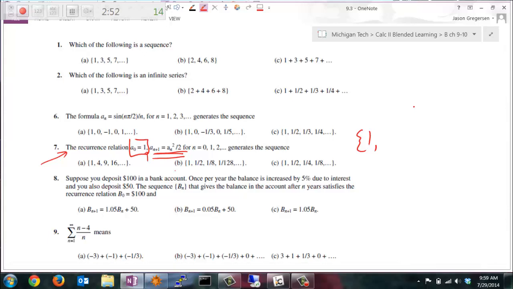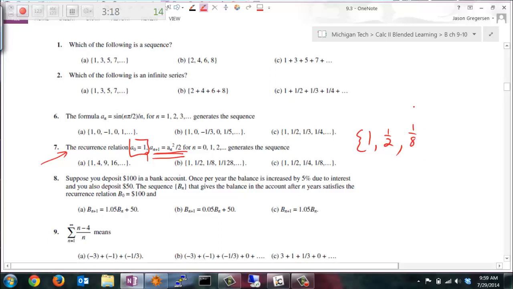So if we have our value of 1 and we square it and divide it by 2, what do we get? What's 1 squared divided by 2? 1/2. Alright. And then we take that value. Now we're using the 1/2. We take that 1/2 and we square it and divide it by 2. 1/2 squared is a quarter, divided by 2 is an eighth.